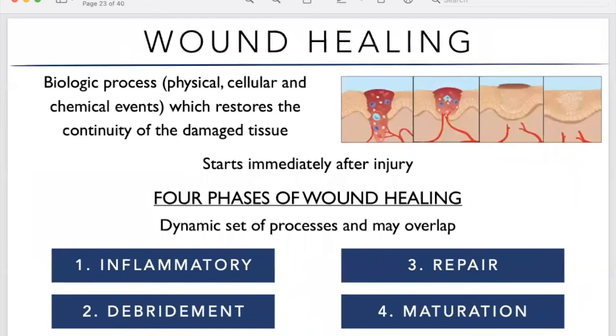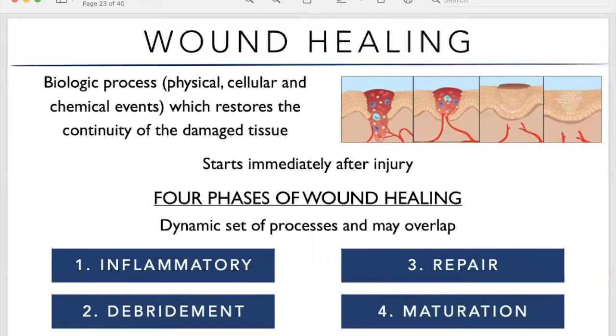So let's move on. Okay, how does a wound heal, right? Yung methods kanina is how do we do it, right? As veterinarians, as medical practitioners, how do we approach the wound in terms of healing? But now we have to discuss how the wound heals by itself, right? Ano ba yung mga processes that we need to understand?